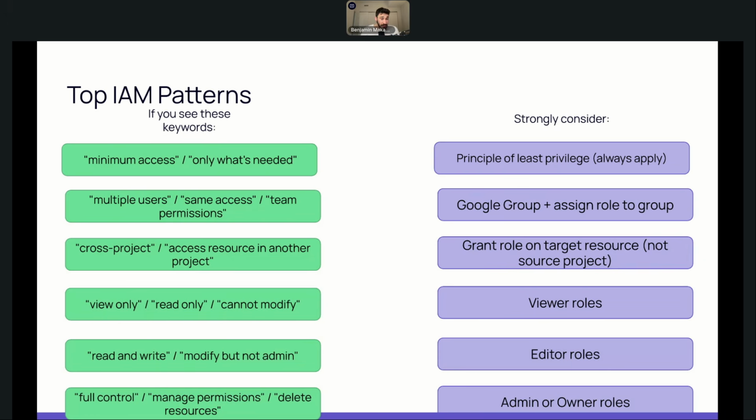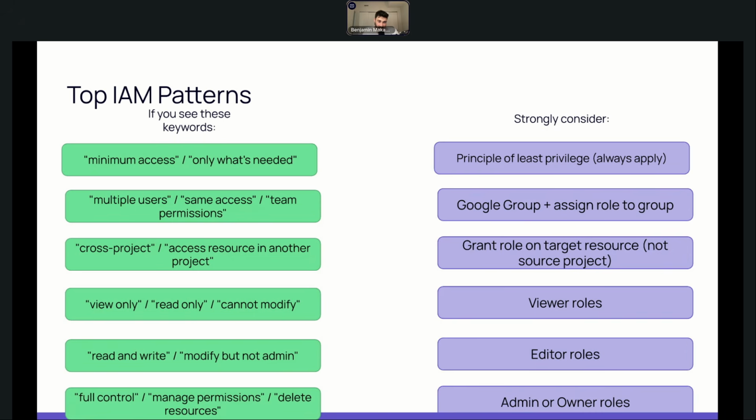And then rules of thumb, if the question mentions view only or read only or cannot modify, think of viewer roles. These can be predefined service-specific roles, not necessarily project-wide roles. Similarly, if they have to read and write, if they have to modify the resource but not necessarily have complete control over it, think of editor roles.